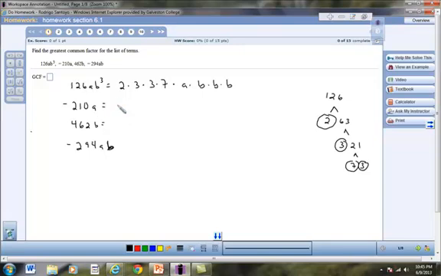Negative 210, once again you would do a factor tree, and I'm not going to repeat it because that's something you guys should know how to do. It's just a little review. That breaks up to 2 times 3 times 5 times 7 times A. Same thing with 462B.